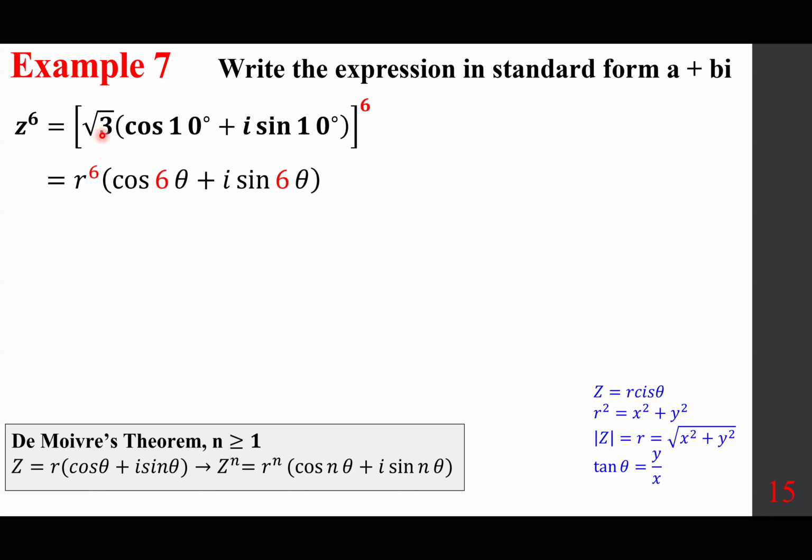So we are going to raise square root of 3 to the power of 6, and then cosine of 6 times 10 plus i sine of 6 times 10.